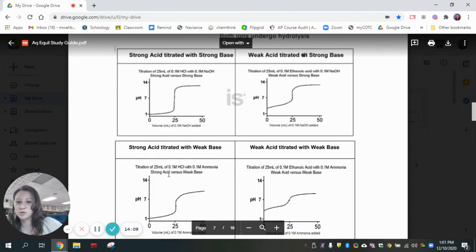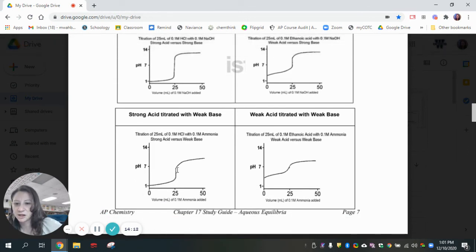This is the strong acid, weak base. If you look at your inflection points and look halfway between, that is a pH a little bit lower than 7. That's because your product is a cation that can undergo hydrolysis and give off H pluses, and so it's acidic at the equivalence point.